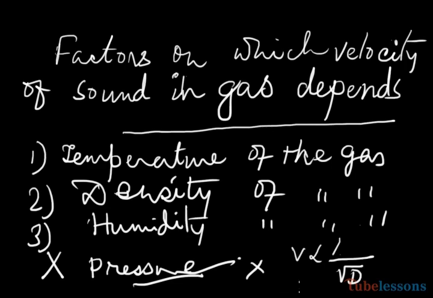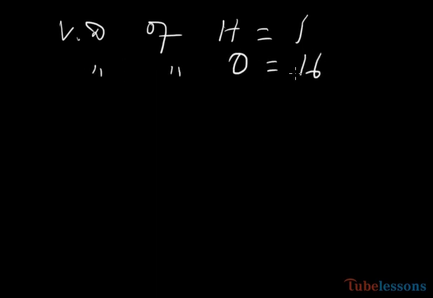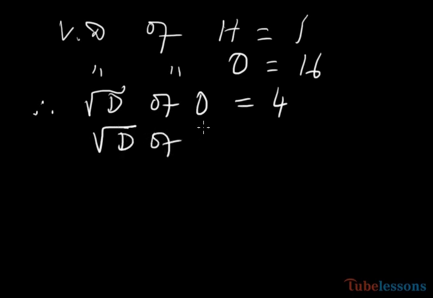I am again saying, vapor density of hydrogen equal to 1 and vapor density of oxygen equal to 16. Therefore, root over D of oxygen equal to 4, root over D of hydrogen equals to 1.